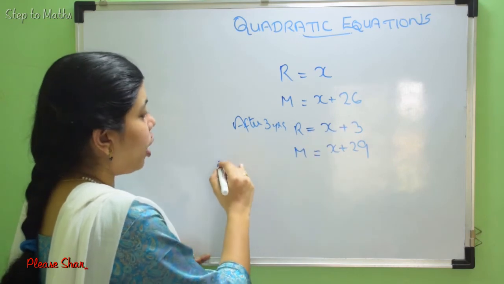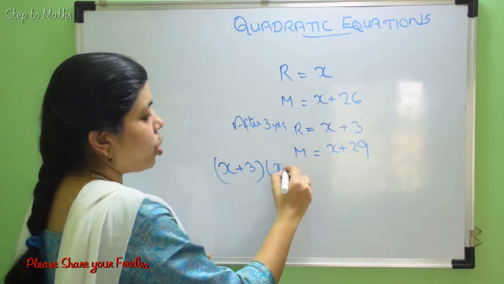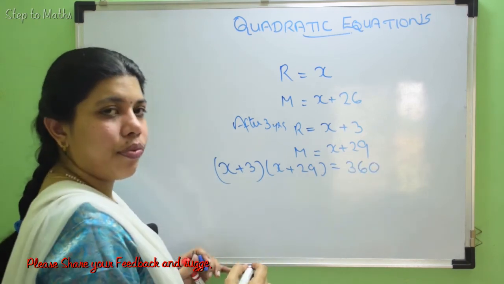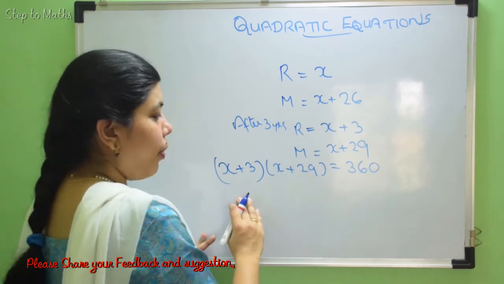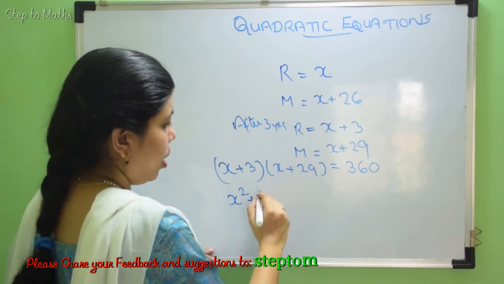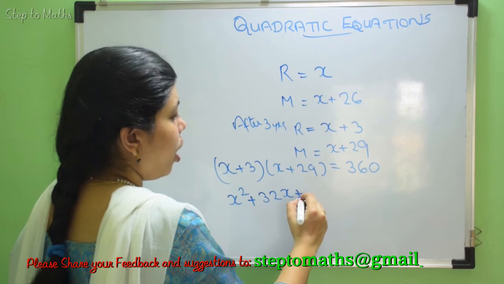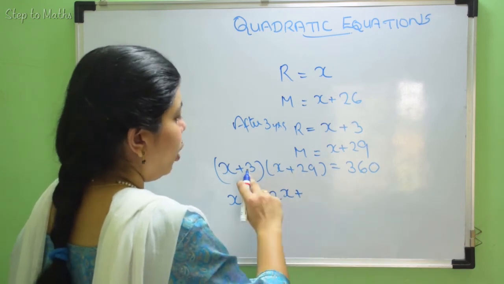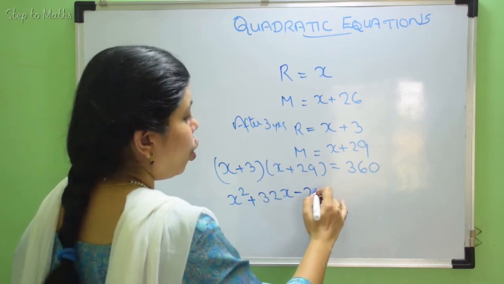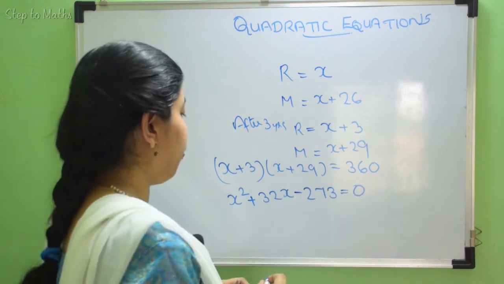That means, how can we represent that information? X plus 3 into x plus 29 equal to 360. Simplify this equation. X square plus 3x plus 29x is 32x, plus 3 into 29 minus 360, which is minus 273, equal to 0.